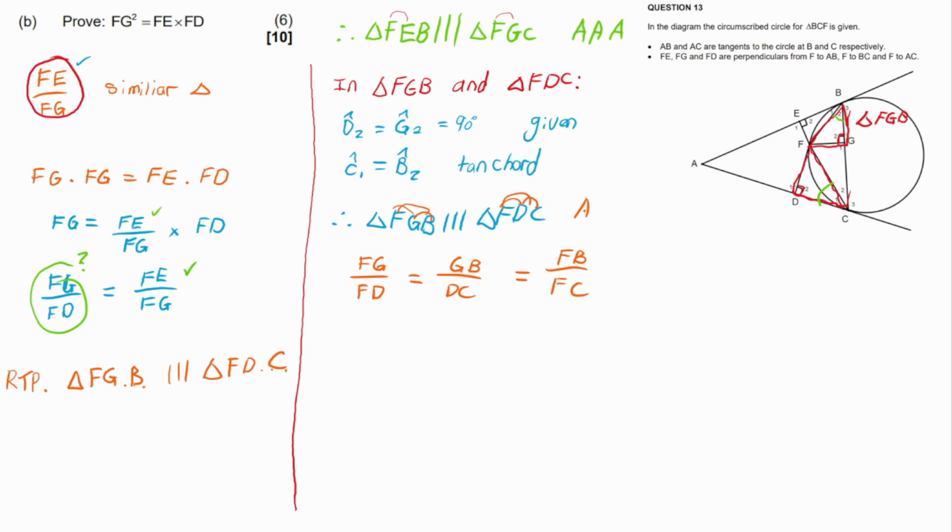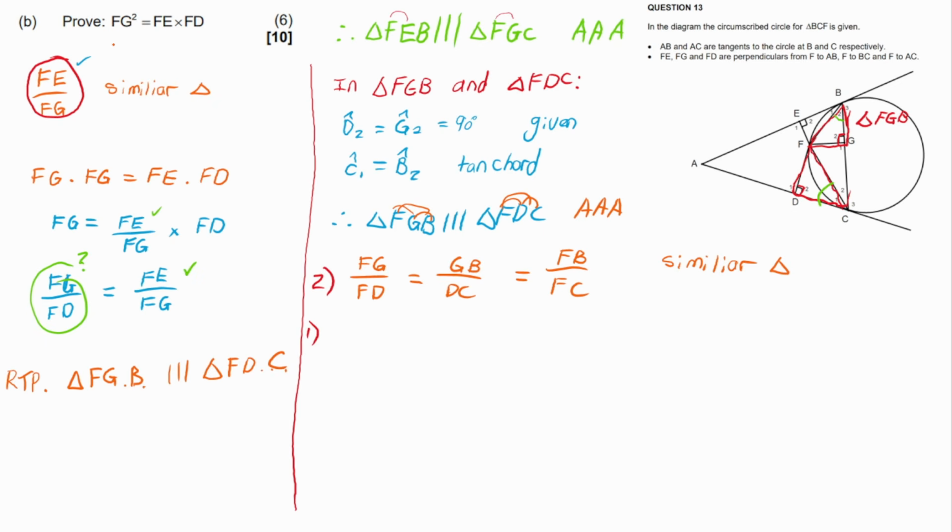Oh, I forgot to put a reason here. This should be angle, angle, angle. Don't forget that. And the reason these sides are in proportion like this is because of similar triangles. These ratios are from my second set of similar triangles, but from my first set, I have this.